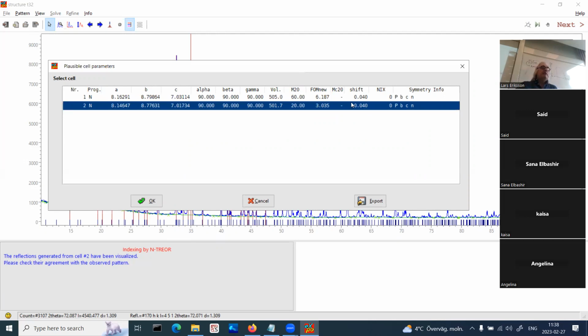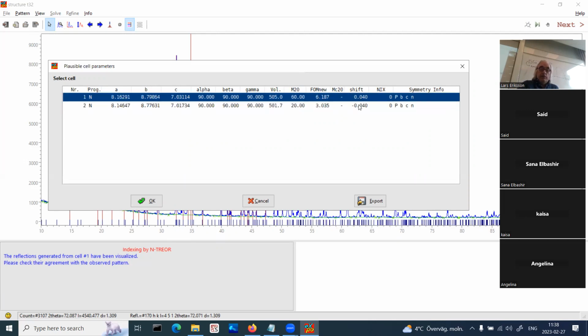Expo applies a zero shift at different values and then tries to index. If there is a zero shift error in the diffraction pattern, then there is a much higher probability that one should find a correct unit cell. Here there are two different ones, exactly opposite each other, but I can't explain why.